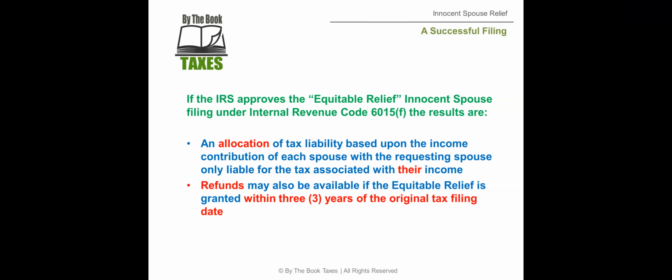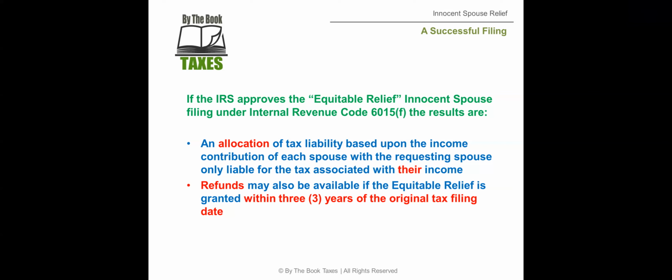If the IRS approves the equitable relief filing, here's what it looks like. The tax liability is allocated amongst the spouses based upon the income, just like it is in a traditional innocent spouse filing.